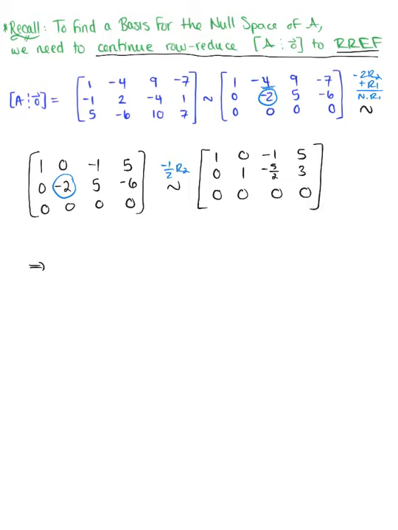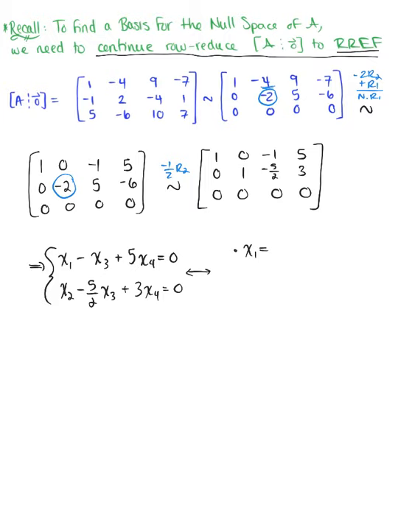And so rewriting this as a linear equation, we have x sub 1 minus x sub 3 plus 5 times x sub 4 is equal to 0, and x sub 2 minus 5/2 x sub 3 plus 3x sub 4 is equal to 0. And of course, keeping in mind that we want that general solution in the parametric vector form, let's rewrite this to make clear what are the basic variables and what are our free variables.